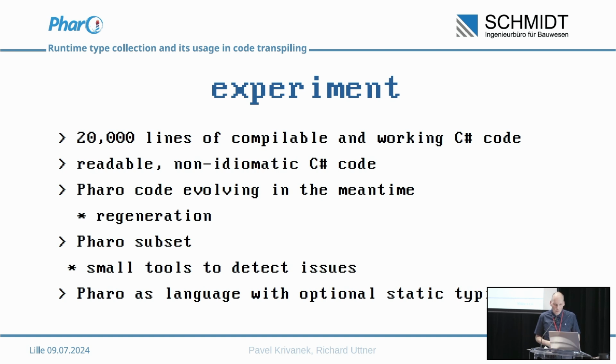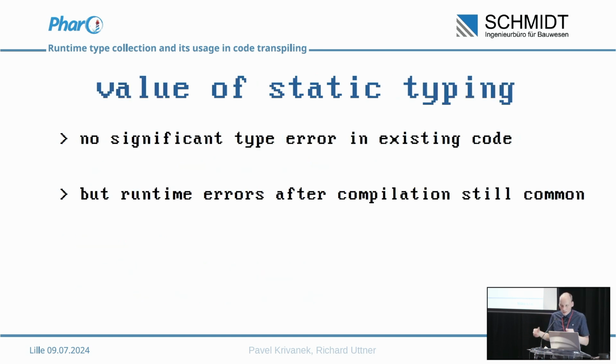As I said, we needed to limit Pharo to only a subset, and for that we use small detection tools and refactoring tools to adjust that. And we proved this way that Pharo can be used as a language with optional static typing. We were curious if we would find some serious type problem in our existing code, and to our surprise, it's not the case.